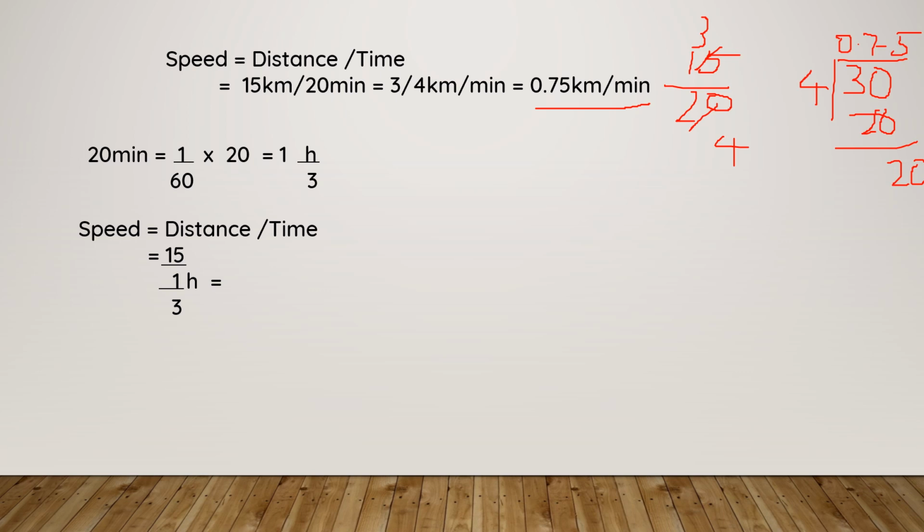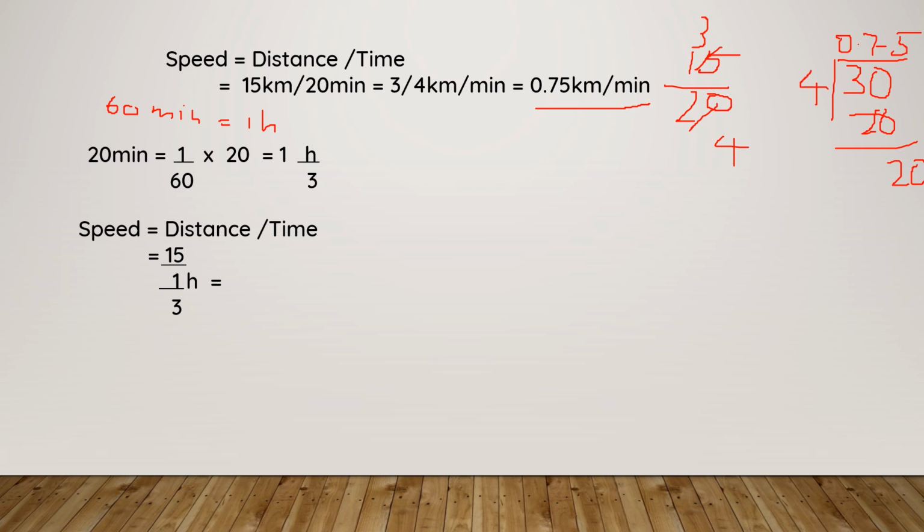So how we will do that? See, you know that 60 minute equals 1 hour. So here we want to convert this 20 minute to hour. How we will convert 20 minute to hour?